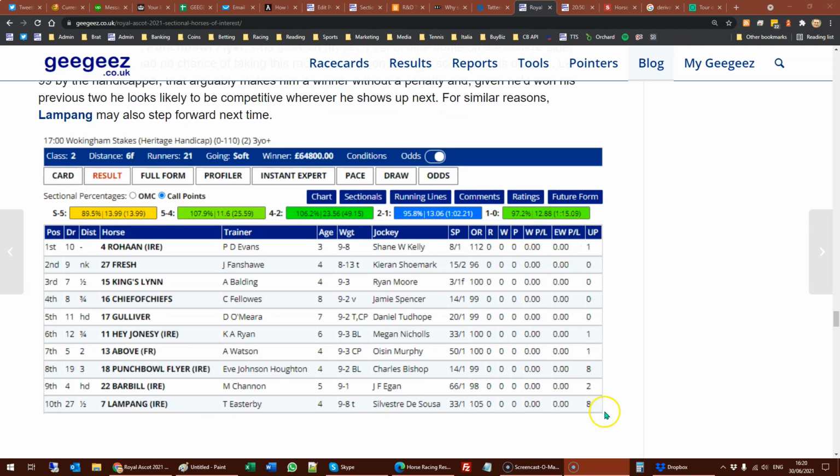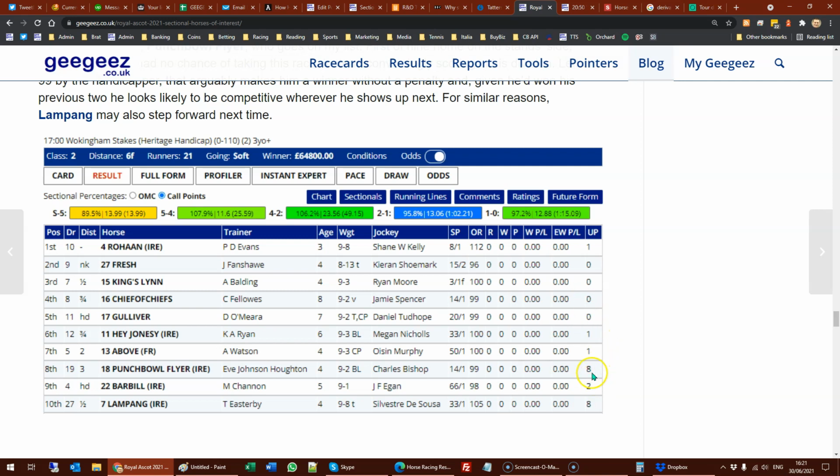First of all, if we look at the upgrade column, which you can see here, if you're a GG's Gold subscriber, it's on the right hand side of any result, and you can see quite clearly that the upgrade figures for the first 7 horses home was either 0 or 1. In other words, they ran pretty efficiently for that course and distance and going combination. But if we look at the 8th and 10th horses particularly, you can see that they had outlying upgrade figures of 8 compared to these 0s and 1s.